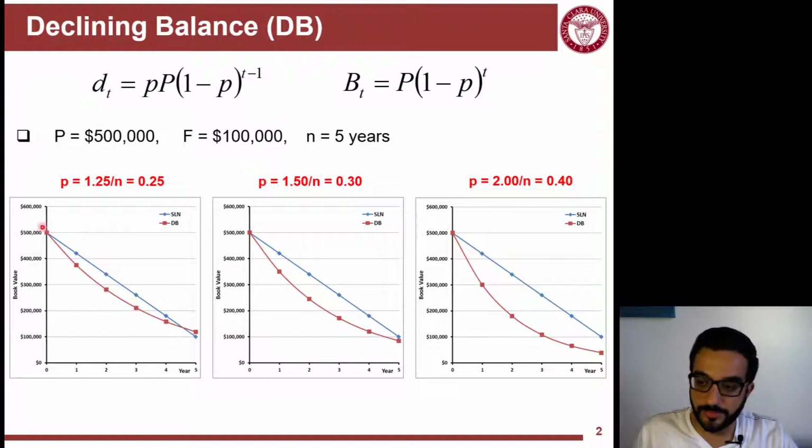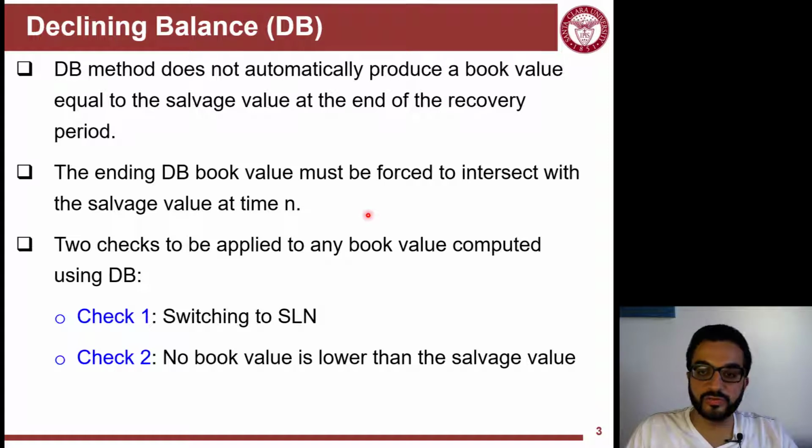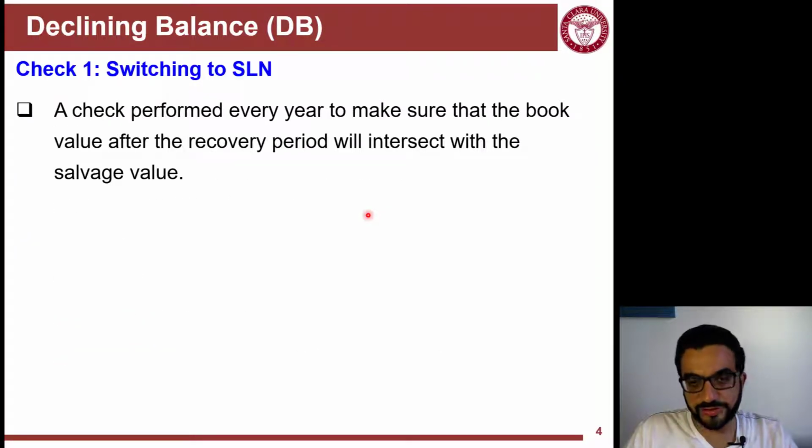This one represents one case that requires one check, and these 2 represent a second case that requires a different check and a different correction that I will enforce on the model. The first check is switching to straight line, and the second one is stopping the depreciation. So let's see each one.